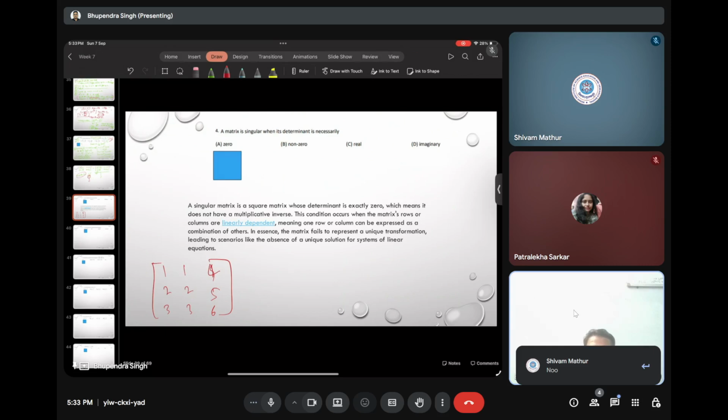Okay, no, actually it is possible by looking at the matrix. By looking at the matrix, you can determine whether the determinant is zero or non-zero. That is what I am saying.